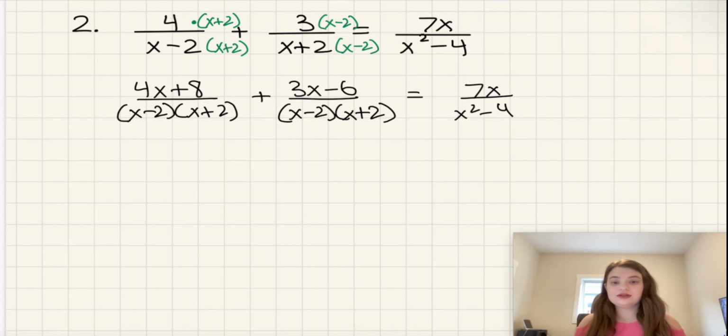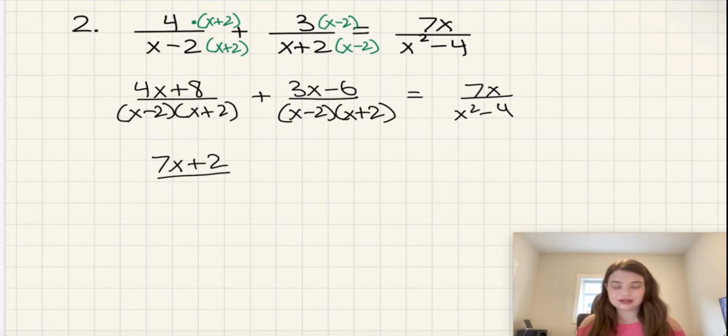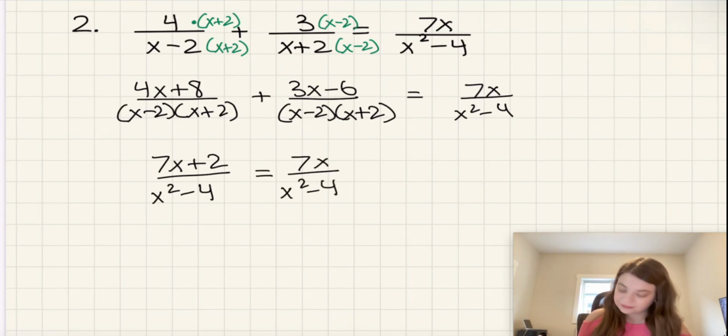Okay, next I'm going to combine the fractions into one fraction. So if we do that, we get 7x plus 2 over x minus 2 times x plus 2, which if we expand that, we get x squared minus 4, as this is a difference of squares, is equal to 7x over x squared minus 4.